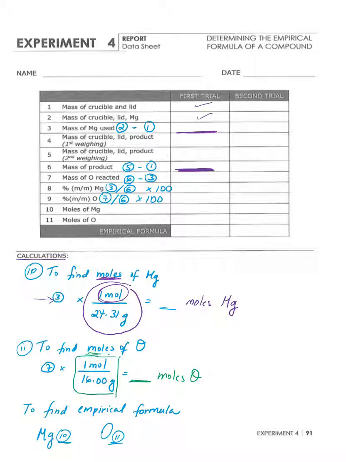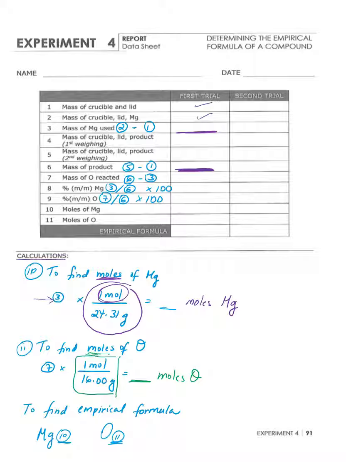So to find the empirical formula, you have the moles Mg first, because the metal always goes first in your formula, and then your oxygen. The number that you're calculating in number 10, which is moles, you're going to write down here. The number that you're calculating in number 11, you're writing down that one right there.